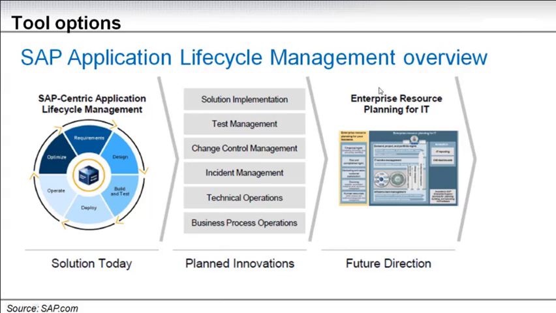Now then let's have a look at some of the tool options. In the table of contents, I mentioned application lifecycle management, and here we have put in from SAP what they provide, and this is the future SAP.